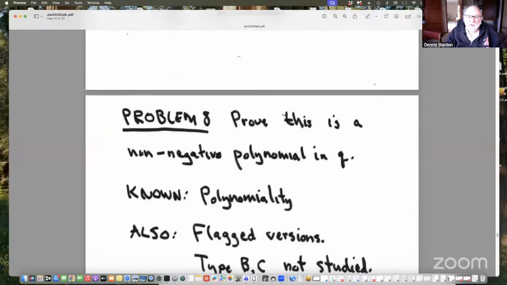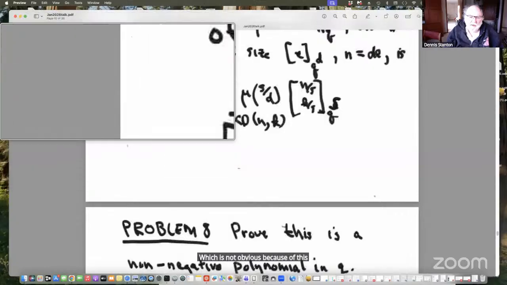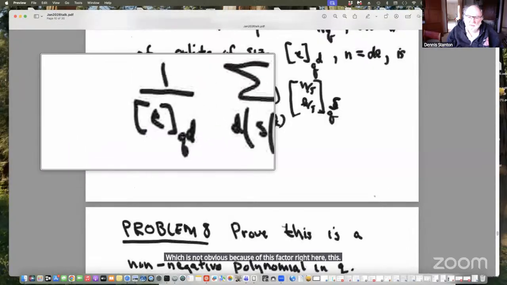Problem 8. Prove this is a non-negative polynomial in q. Well, we did prove this is a polynomial in q, which is not obvious because of this factor right here, this denominator business.